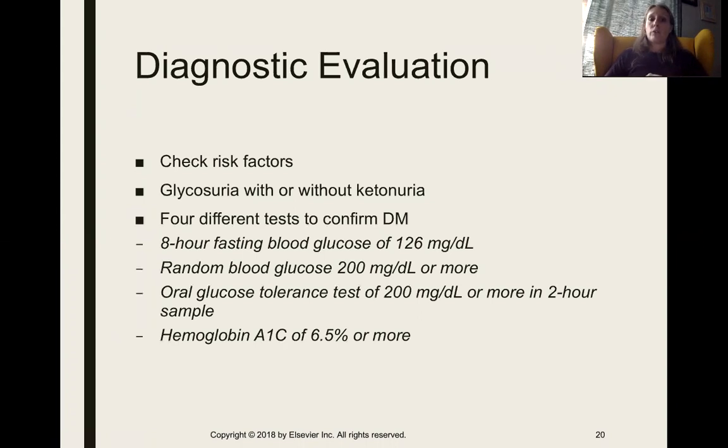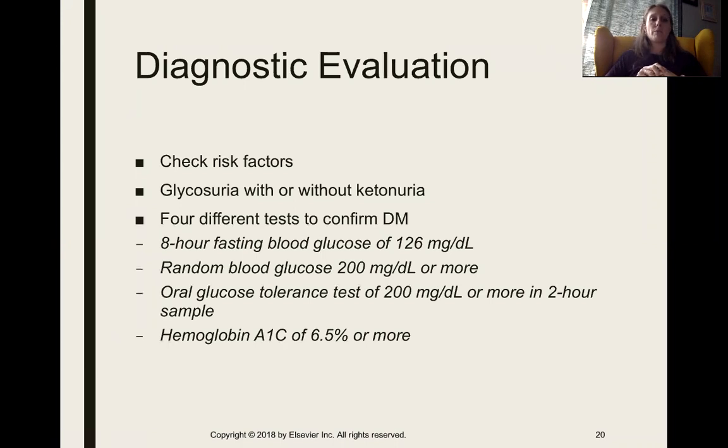We are going to look for that glucosuria, the polyuria, and then here are listed the different tests that are done to confirm diabetes. So you can see the 8-hour fasting blood glucose of 126 or above, a random blood glucose of 200 or above, and then an oral glucose tolerance test.